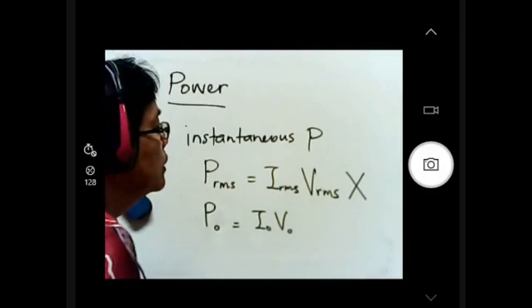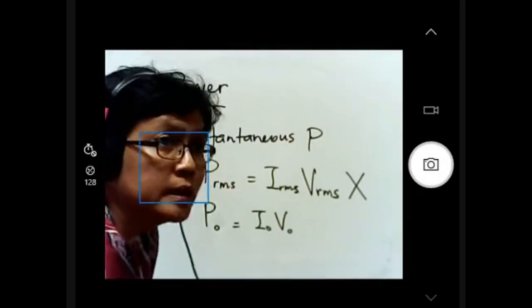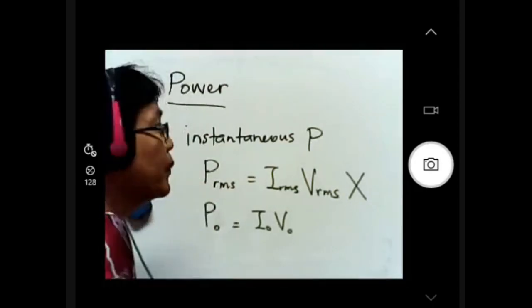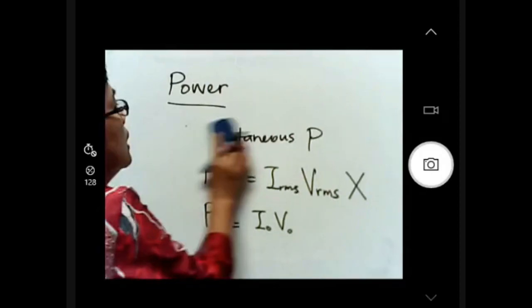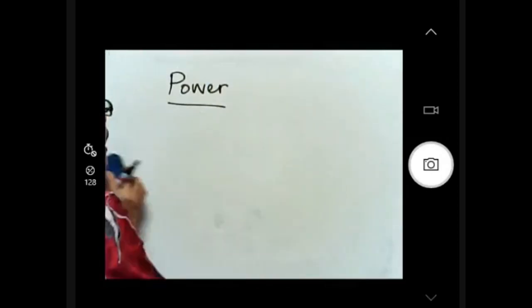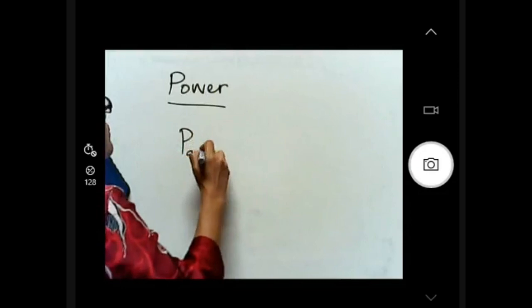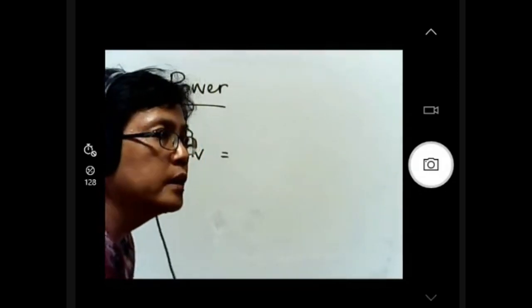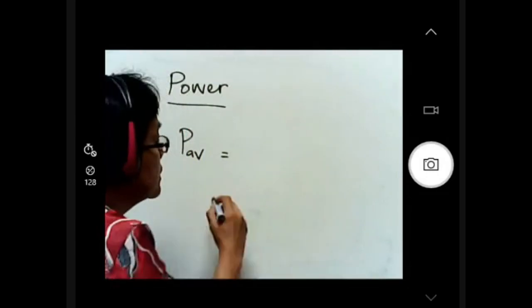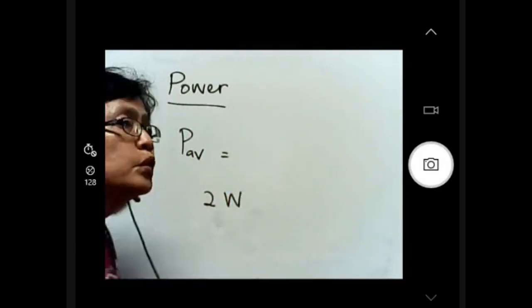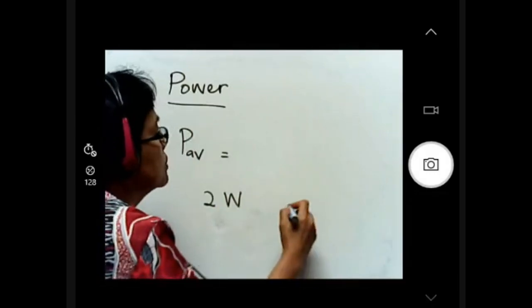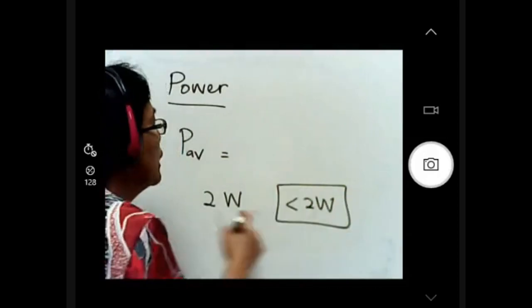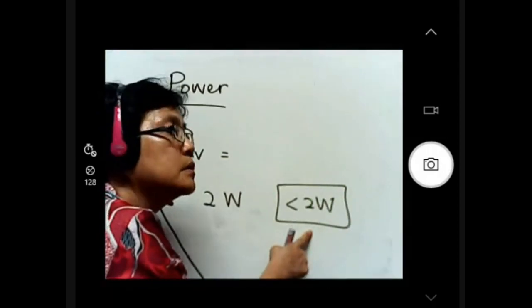It turns out the effective value for power is actually called average power. Meaning when we carry out the experiment, let's say we give the circuit 2 watt, but we only get less than 2 watt. We didn't actually get 2 watt.